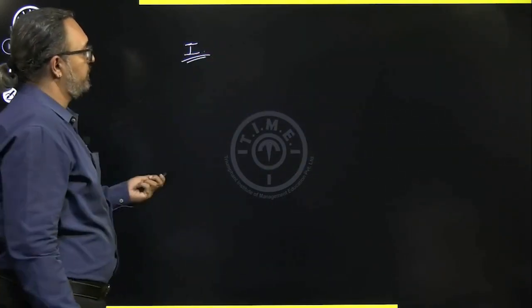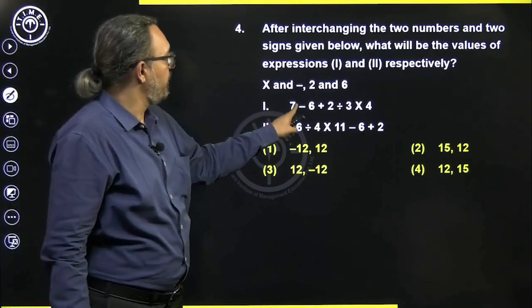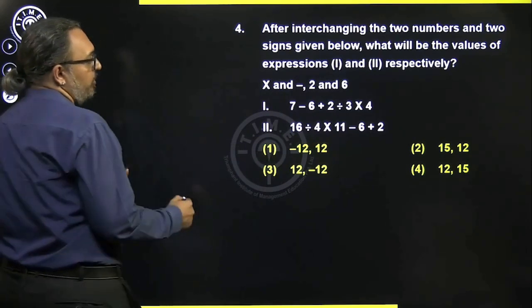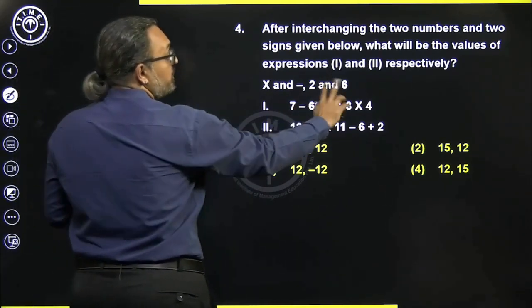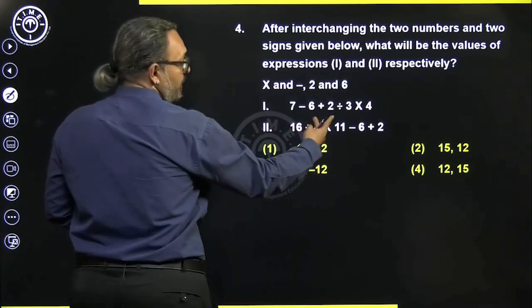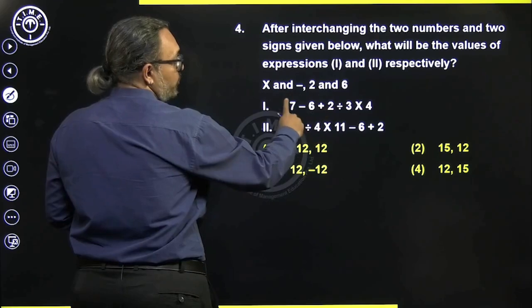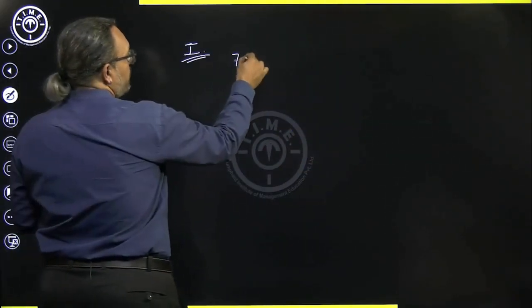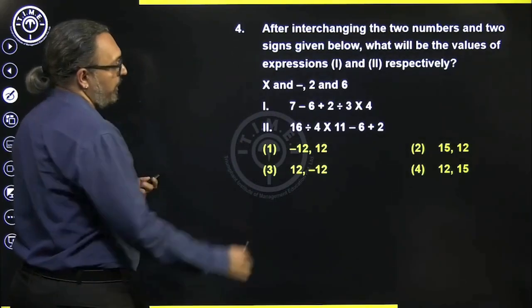Now in that I have 7, now into and minus should be exchanged. So 7 into 6. 2 and 6 also should be exchanged, both signs and the numbers. So 2 and 6 exchanged. So if 2 and 6 exchange, you get 7 into 2. So I have 7 into 2. Okay.